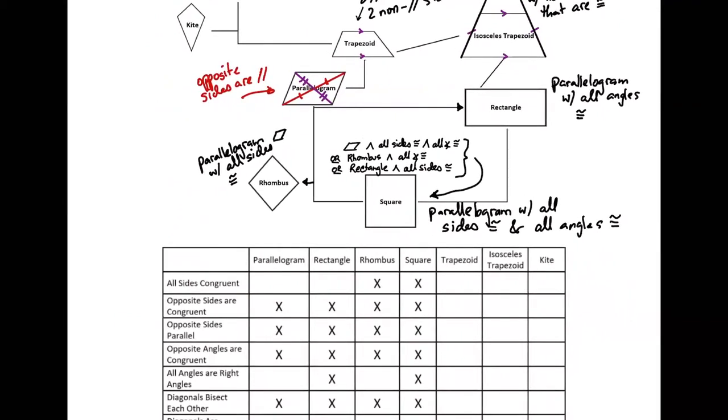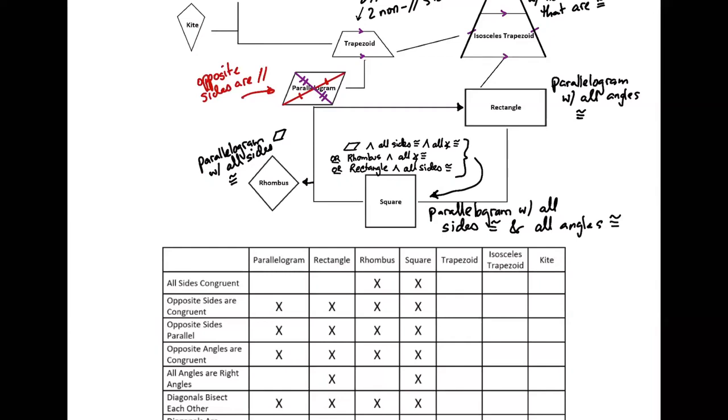Right, opposite sides are congruent, that's pretty much everything except for the first three that we talked about: the trapezoid, the isosceles trapezoid, and the kite. Opposite sides parallel, same deal. Opposite angles congruent, same deal. All angles are right angles, it only happens in two instances. Diagonals bisect each other. That's what I was talking about with the parallelogram.